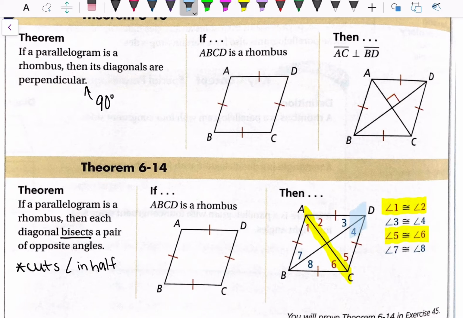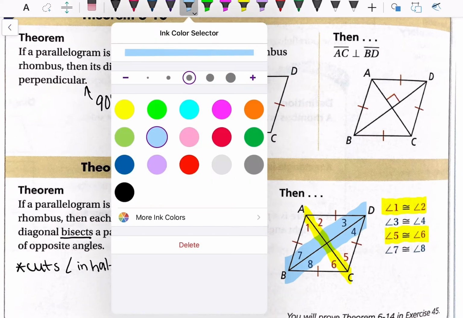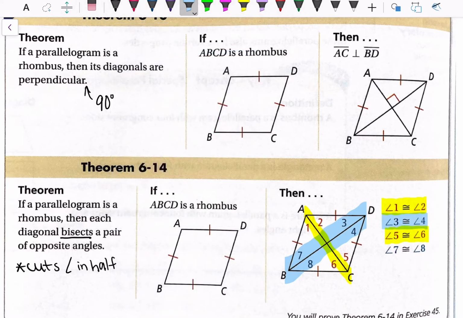Diagonal BD bisects angle D, to where angle 3 is congruent to angle 4, and it bisects angle B to where angle 7 is congruent to angle 8.